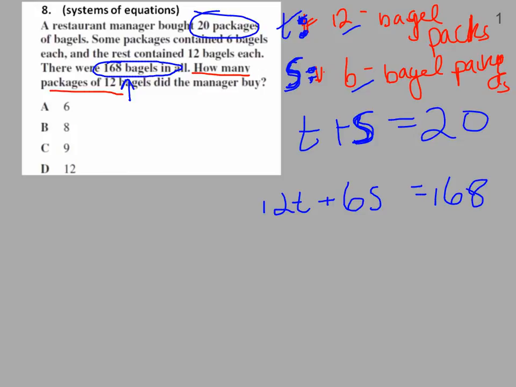Now we could easily solve this using the elimination method, but because I did elimination on the last one, I want to do the substitution method on this one, because I actually used to always prefer substitution. I'll do that for those of you who like it.